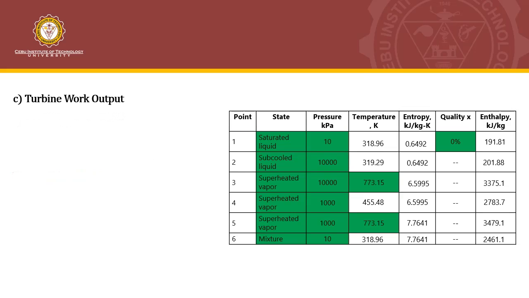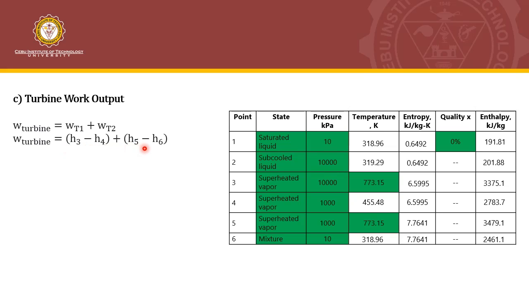Then for the turbine work output, it is actually a combination of two turbines, the high pressure turbine and the low pressure turbine, denoted by WT sub 1 and WT sub 2. For WT sub 1, it is simply h3 minus h4, the difference of the enthalpy at the inlet and the outlet of the high pressure turbine.